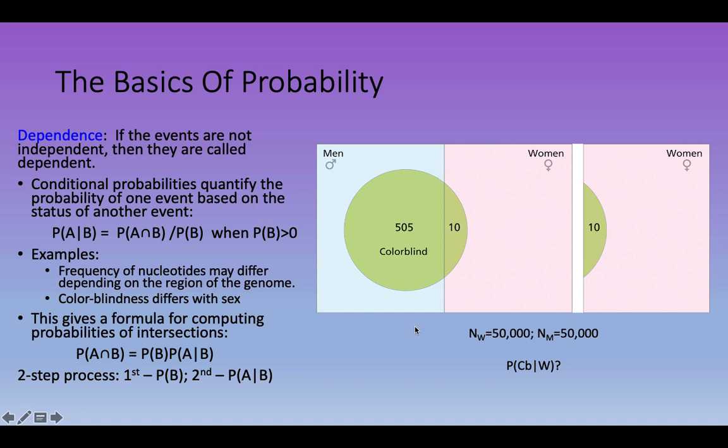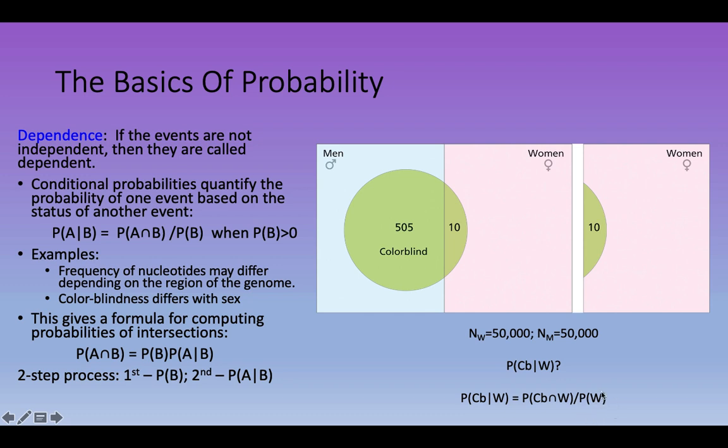And notice that there's going to be a difference between the two. But I can also calculate it independently. Say I didn't have those same numbers, I can also calculate this using an additional equation, where I identify the intersection between these two divided by the probability of being a woman.